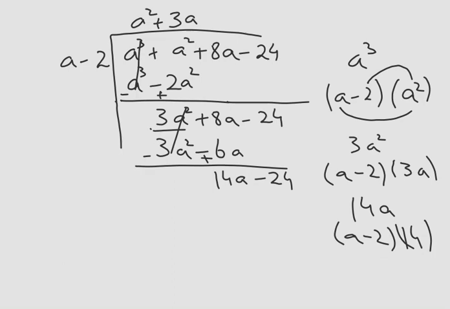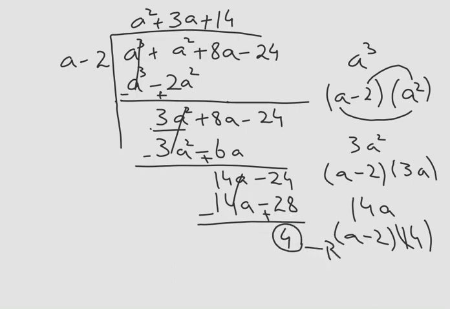So here I will write plus 14, so here we will get 14a and 2 14s are minus 28. Here again change the signs, it will be cancelled, and here we will get just 4, that is the remainder, it cannot be further divided. So we get our quotient, that is a square plus 3a plus 14.